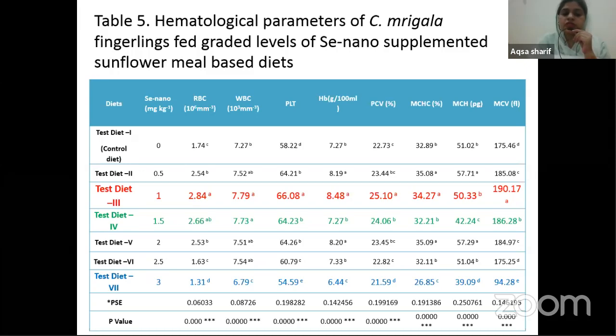The second best results were obtained by adding the test diet 4 having 1.5 selenium nanoparticles, while the minimum level of all these parameters were present in the tank treated with the test diet 7.